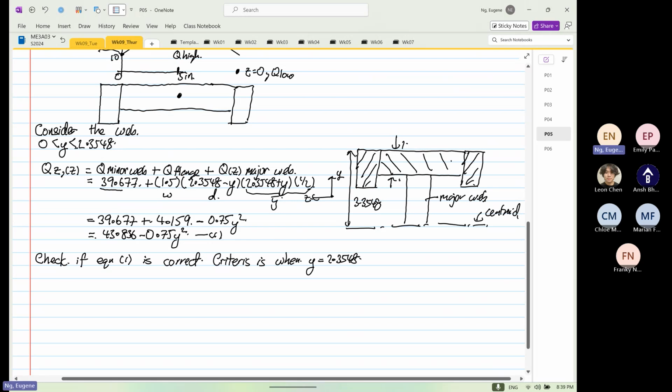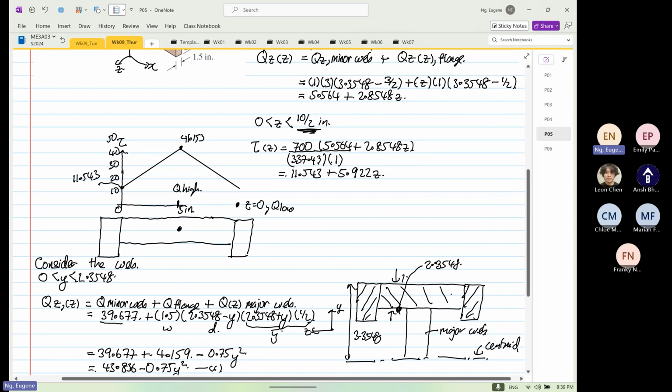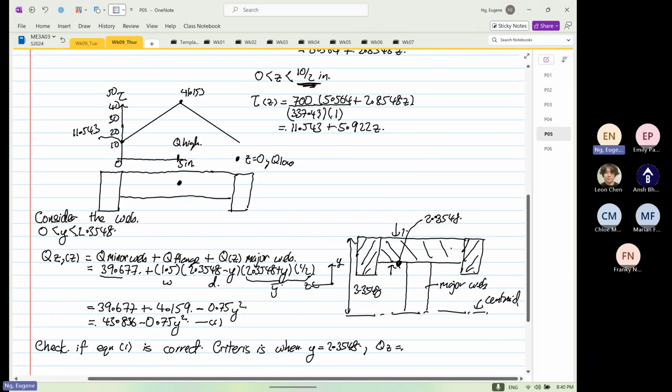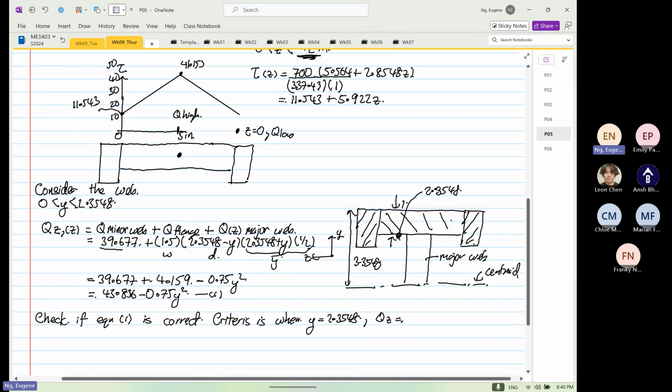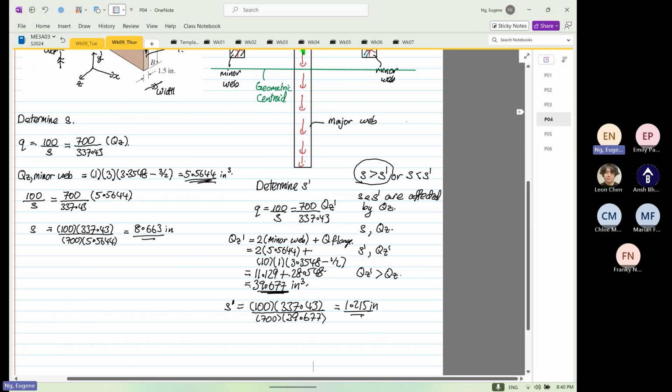Okay, so when y is at this point, so when y is equal to 2.3548, okay, Qz must be exactly the same as here. Qz must be equal to what? Qz must be equal to 39.667.